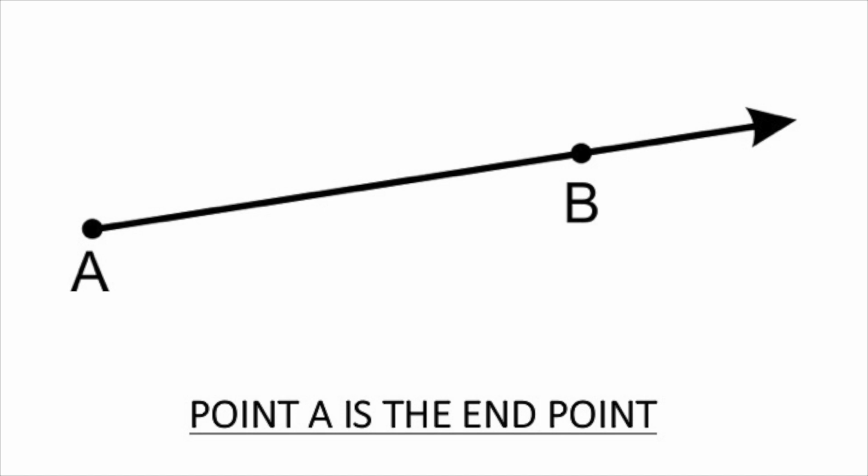What point is this? Point B. So we don't call it line, we call it ray AB or ray BA. Okay? But remember, line segment is line. When it's a ray, we call it a ray. So we can tell them apart.